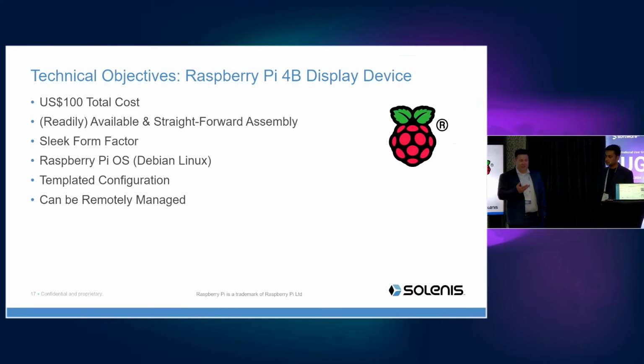I don't know if anyone has played around with these, but a low-cost Linux-based processor that was, for the most part, readily available, and we could design this in such a way that it was remotely managed through the platform, that we could visualize using Chrome, a web browser, and bring these Cockpit dashboards to our users in a full screen kiosk mode, and it could be remotely managed through the platform.